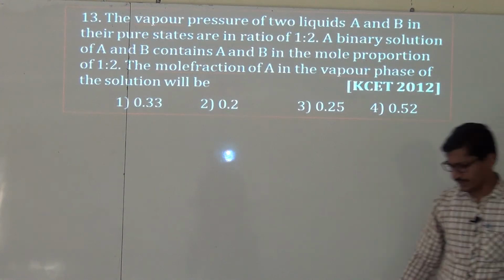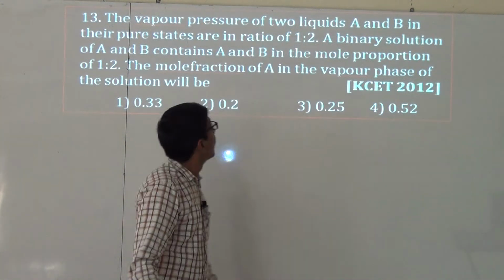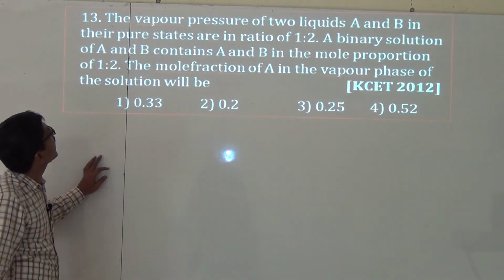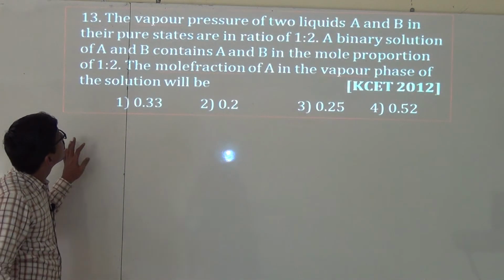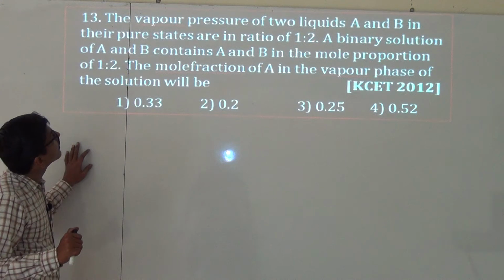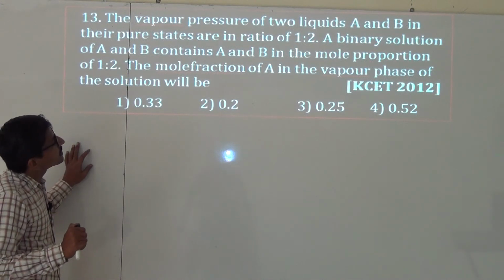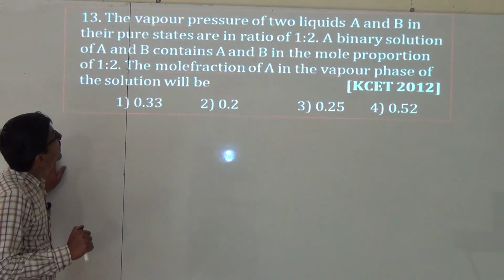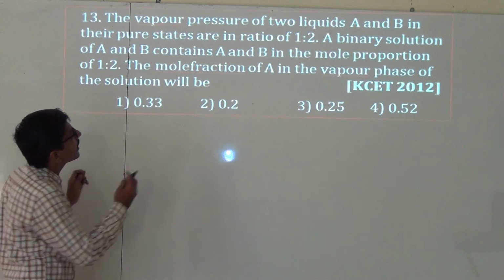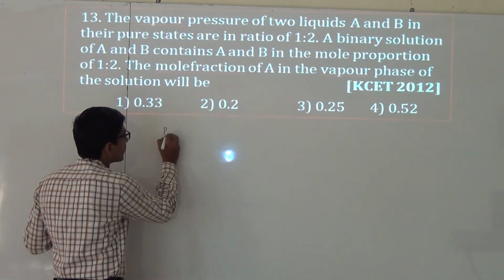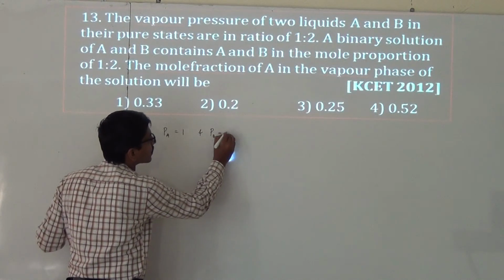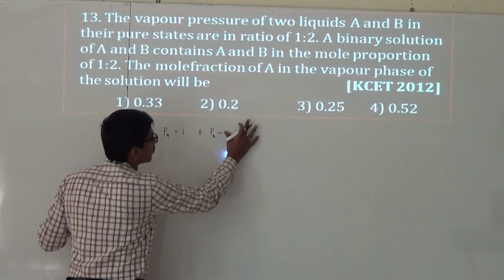Next question is, the vapor pressures of two liquids A and B in their pure states are in the ratio PA naught to PB naught equal to 1 to 2.